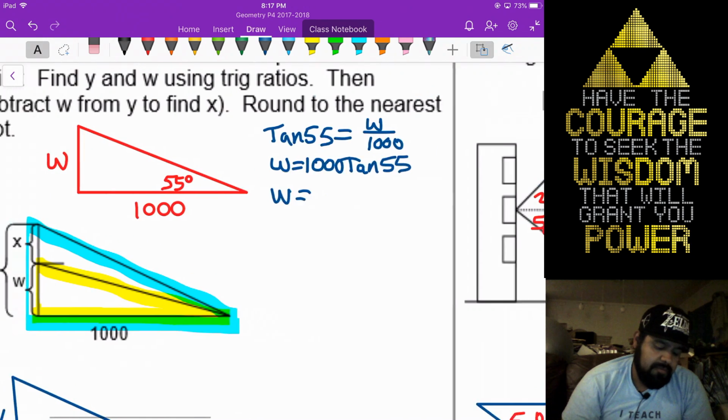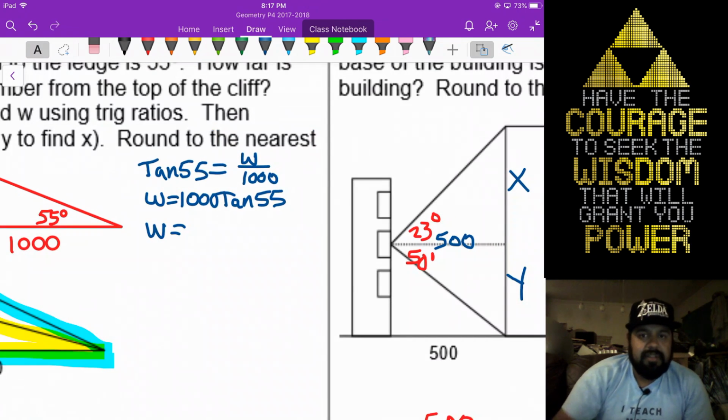Alyssa, were you able to type that into your calculator?